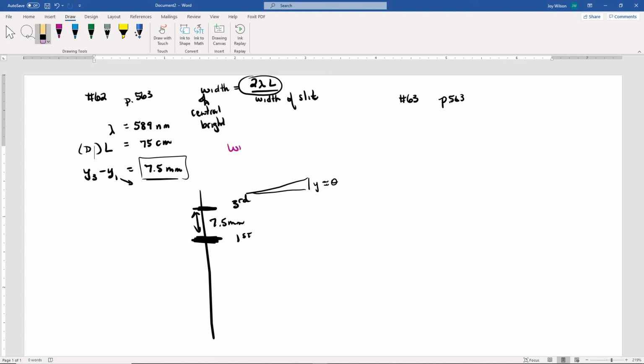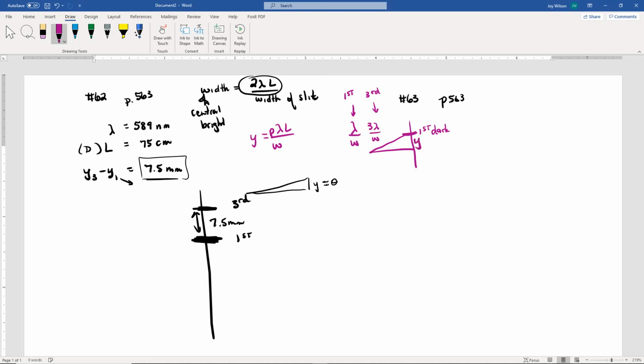The y value, when you go up and down the screen, is going to be the multiplier lambda wavelength over slit width, because if you recall, we had this is your first dark, and our third dark would be this.